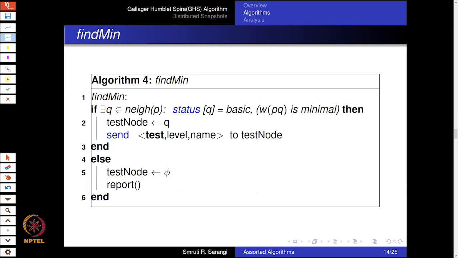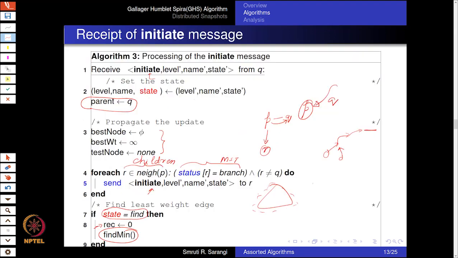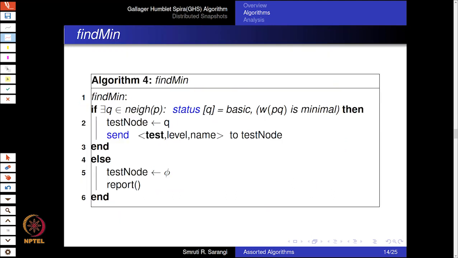No problem, findMin. FindMin is not hard at all. So my findMin, by the way, is not a message, as you can see. It is an internal function. So the internal function is being called over here, findMin.